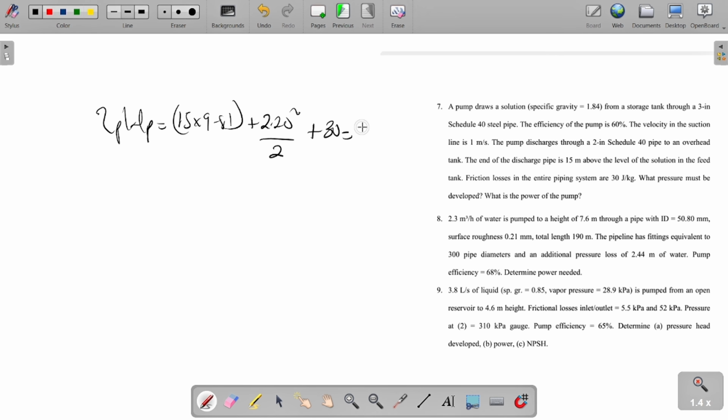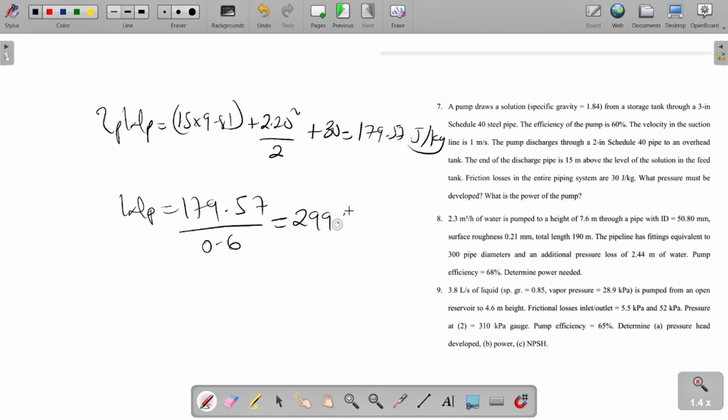So over here, I'll be getting 179.57 joule per kilogram. So WP, we got 179.57 divided by 0.6, which is the 60%. So I have 299.3 joule per kilogram.